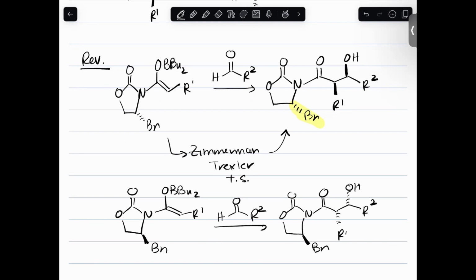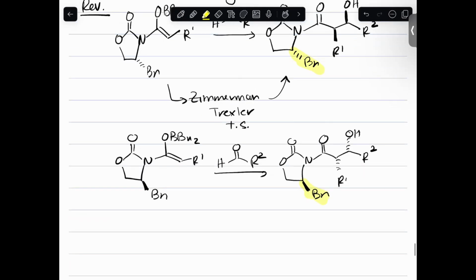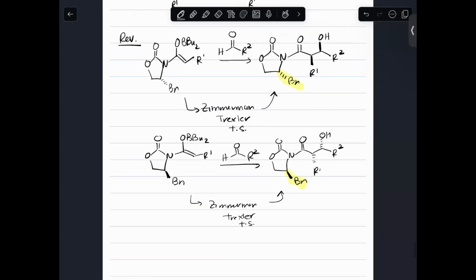Right? And again, it's dependent on the substituent on your oxazolidinone. We also drew the Zimmermann-Trexler transition state to this. And I said, make sure you know how to draw the Zimmermann-Trexler transition states. Make sure you understand how to draw the chair conformations because it's a 6-membered ring. Unravel it to form the 2D product.